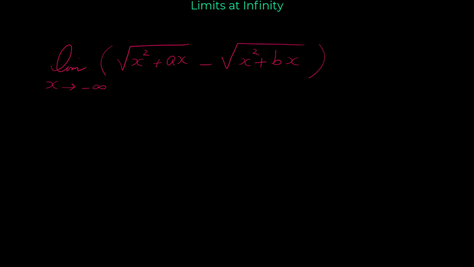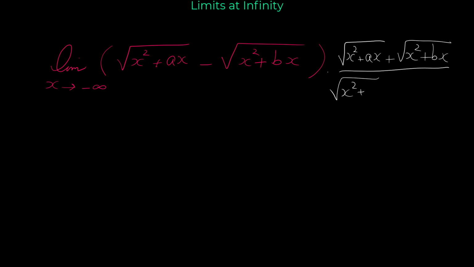This example is similar to the previous question that we did, but attention, here x approaches negative infinity. The idea is the same. We want to multiply the expression in the bracket by its conjugate to get rid of the radicals. So we are going to multiply this by radical x to the 2 plus ax plus radical x to the 2 plus bx, and in the denominator same thing.